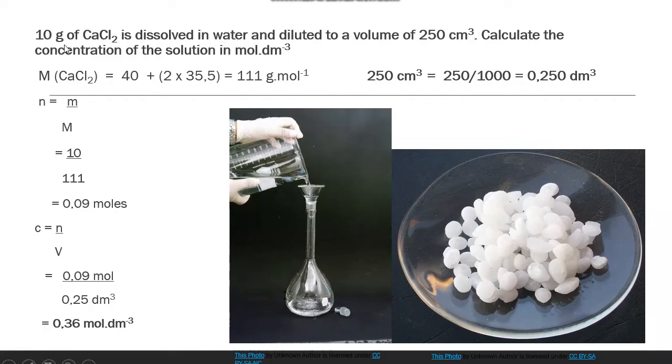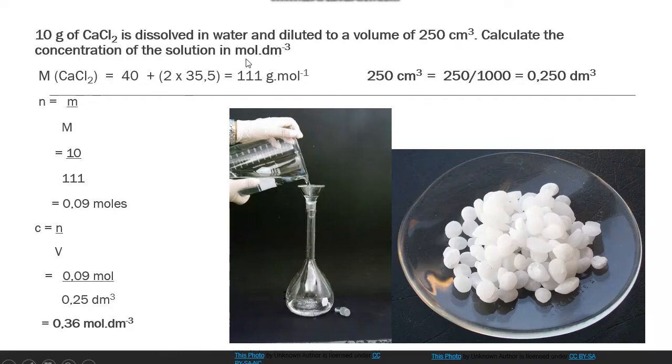So here we're going to take 10 grams of the calcium chloride, dissolving it in water and diluting it up to the volume of 250 cubic centimeters. Calculate the concentration of the solution. Notice, even though we're using cubic centimeters here, remember that's milliliters, this is liters.